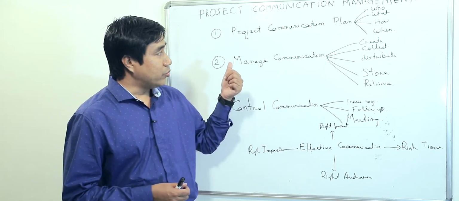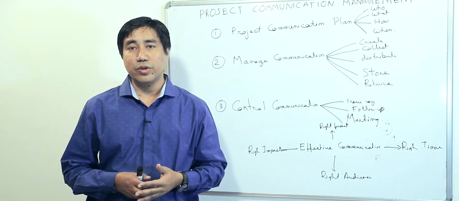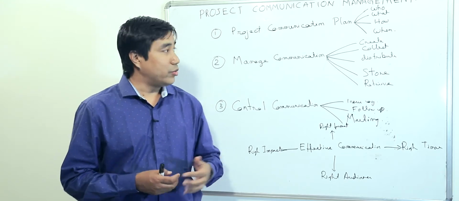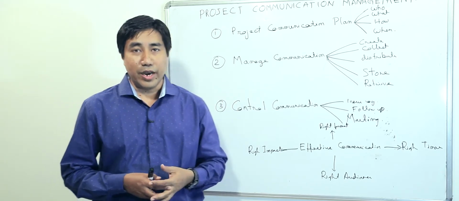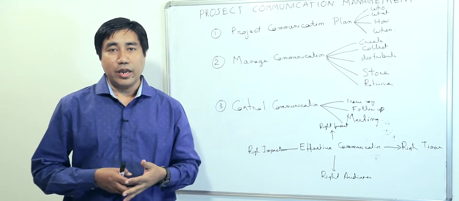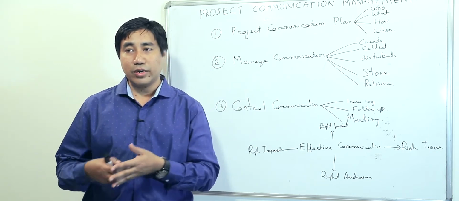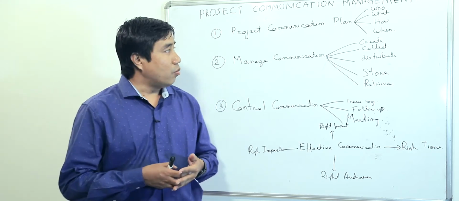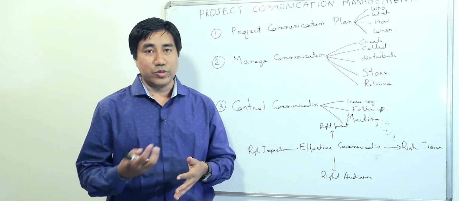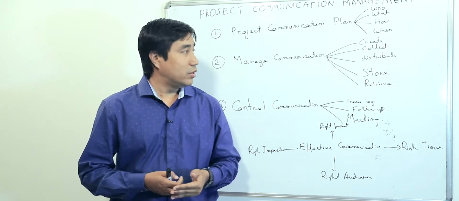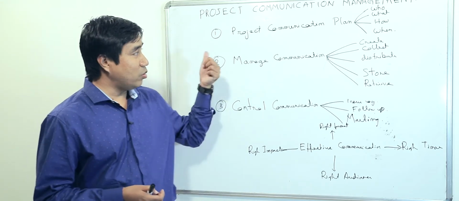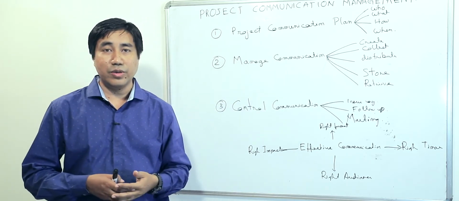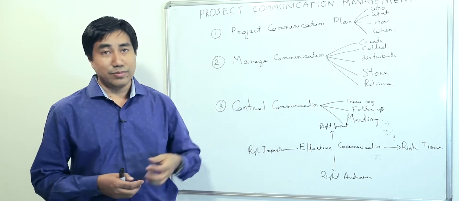In the plan we define who is responsible for what type of report, how frequently we are going to have the communication, and what reports will be sent out to the stakeholders and when.